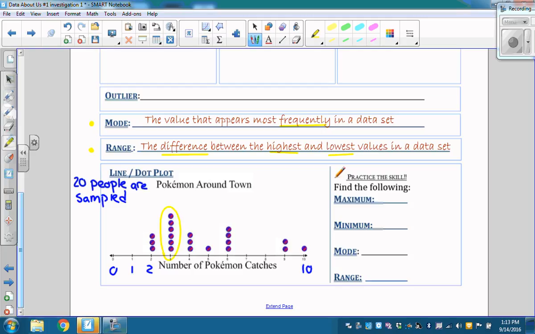Here's the most dots. That means 6 people had 3 Pokemon catches. So that's the most common amount of catches. Do you get that? Can I get a thumbs up, thumbs down? Okay. So the mode is 3 catches.